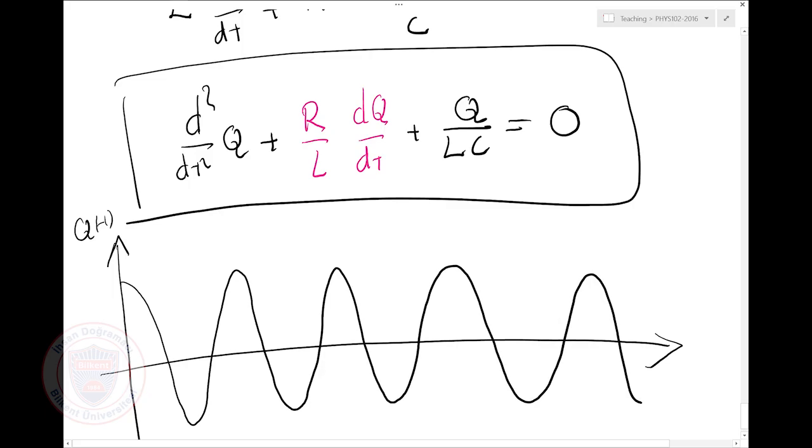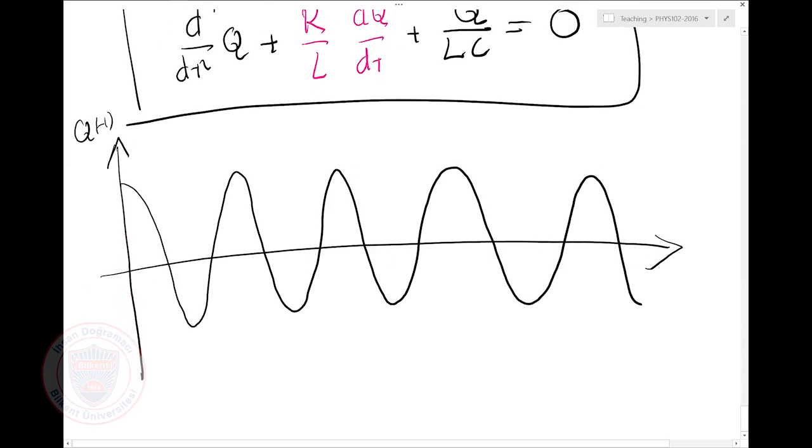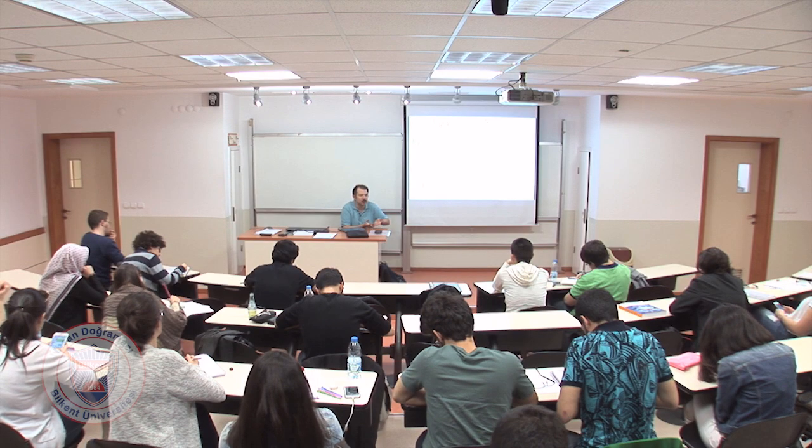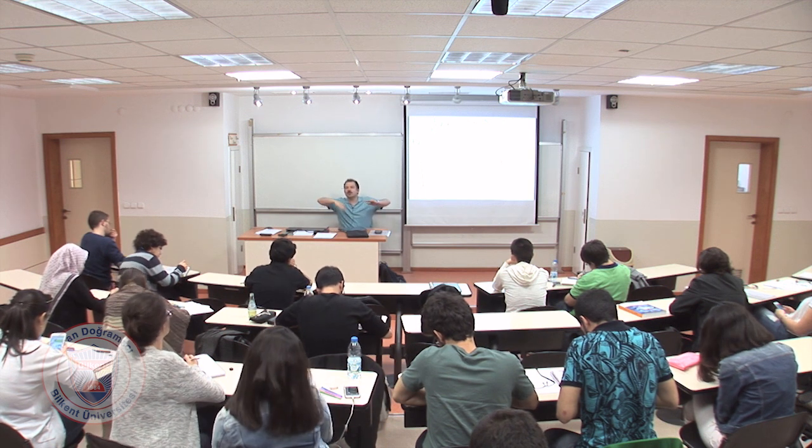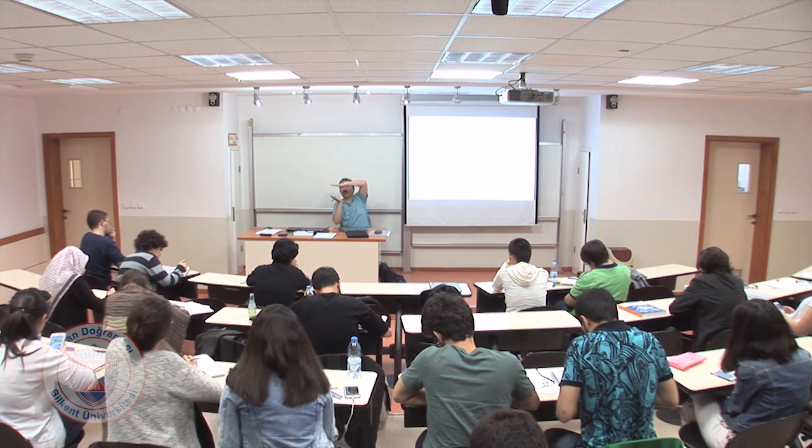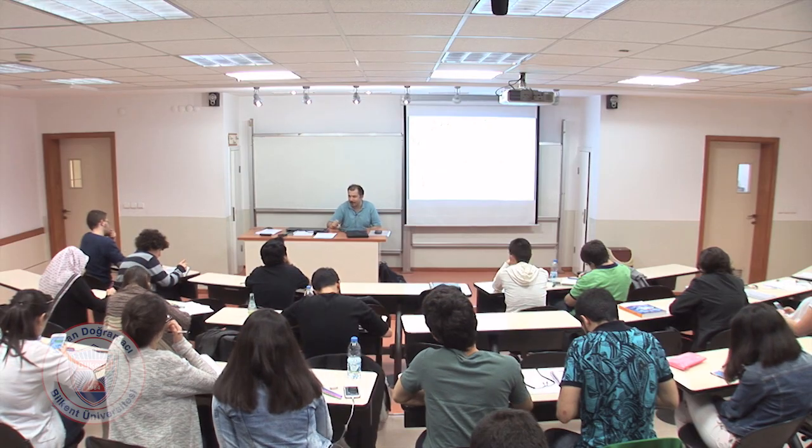And will the oscillations ever die down if there is no resistance? No, they will not die down because total energy is conserved. But now, what happens if there is a resistance? Do I expect these oscillations to go on forever? No. Every time I'm running current through the resistor, I'm losing some energy to heat.